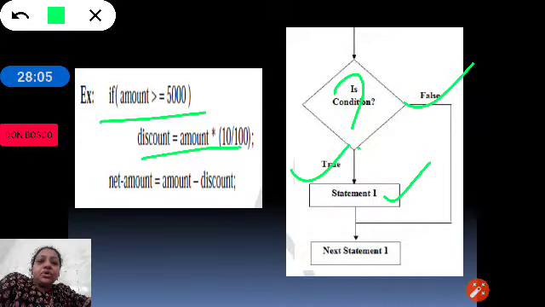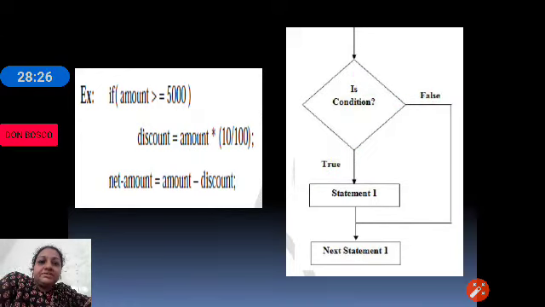It is also called a one-way branch. That means only one condition is given. Only if the condition is true, then the statements are executed. If the condition is not true, if it is false, the statement is not executed. So hope you have understood this simple if statement.